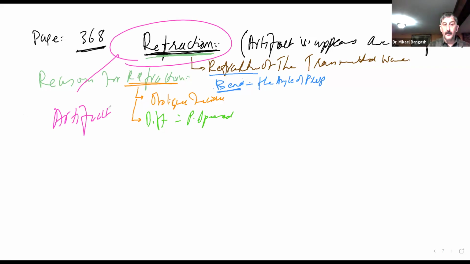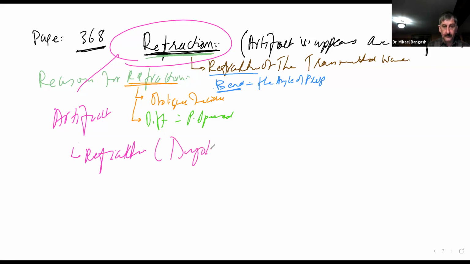Now the reason that as I take refraction, I took this step from skipping a couple of pages in the middle, is mainly because like mirror imaging, refraction as an artifact is also going to be a duplication of the real structure.